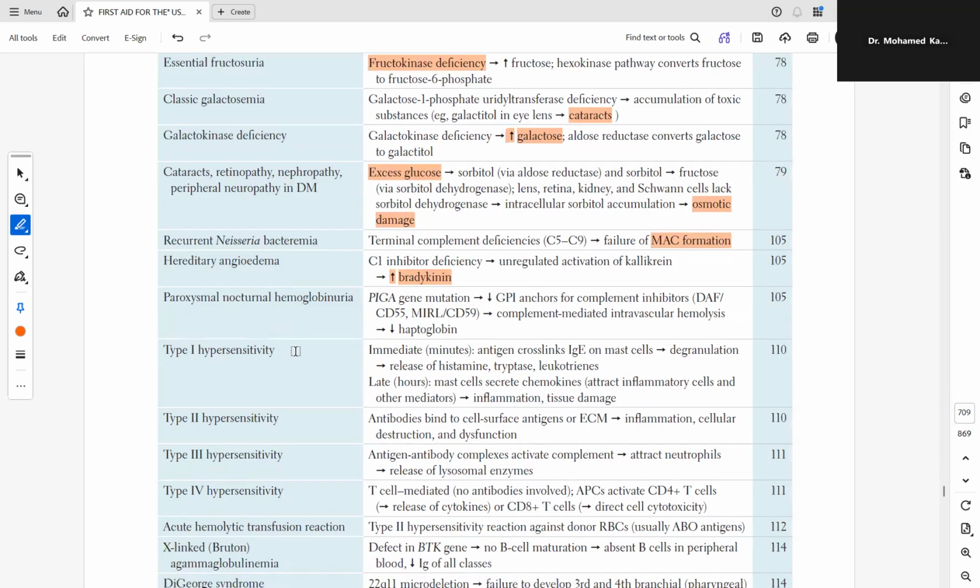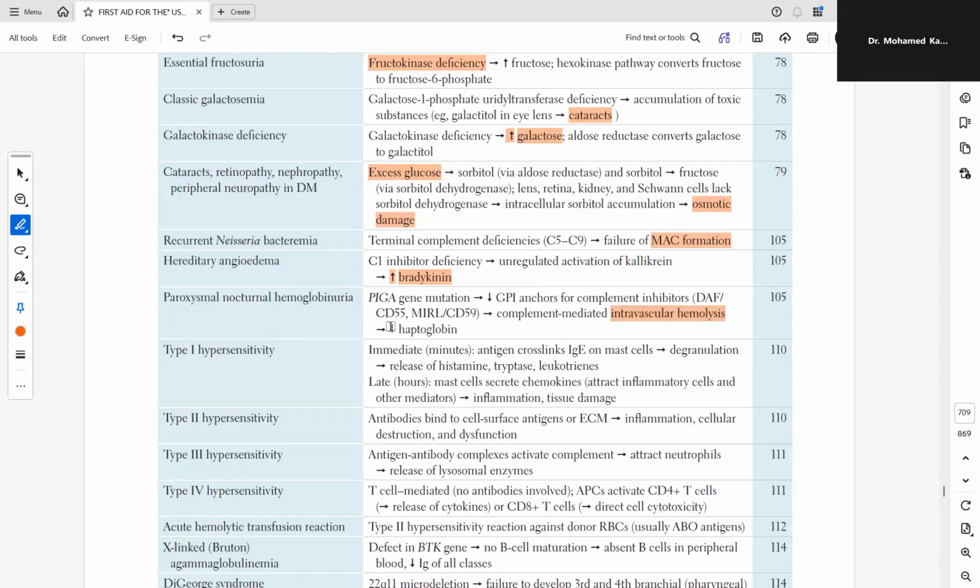Paroxysmal nocturnal hemoglobinuria: PIGA gene mutation leads to reduced GPI anchors for complement inhibitors, DAF, CD55, MIRL, and CD59, leading to complement-mediated intravascular hemolysis.